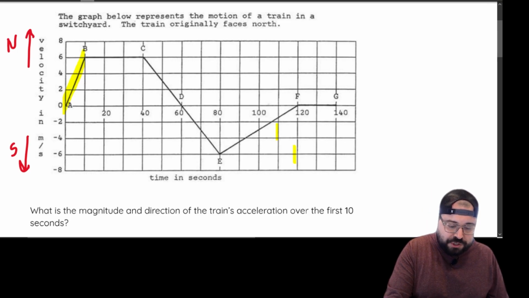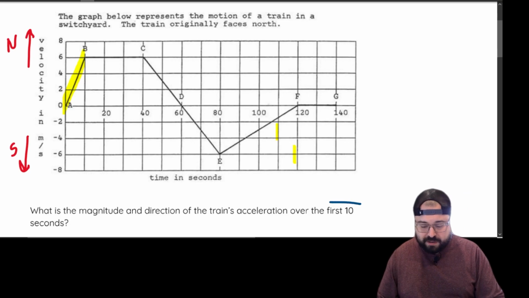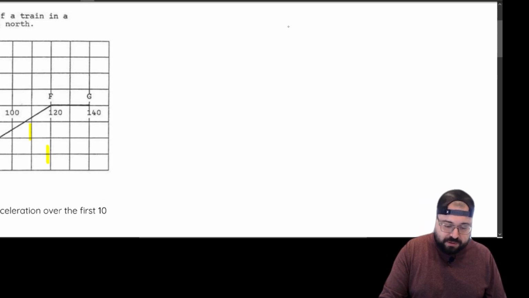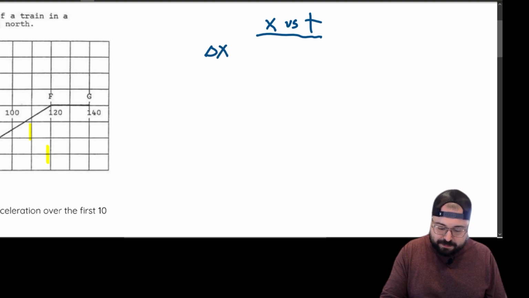So let's jot some notes down, maybe off to the side here. So firstly, if we have a position versus time graph, let's say we want to get displacement, we read the axis.